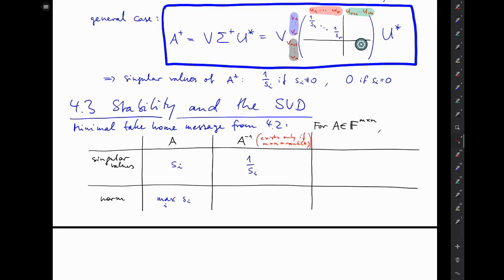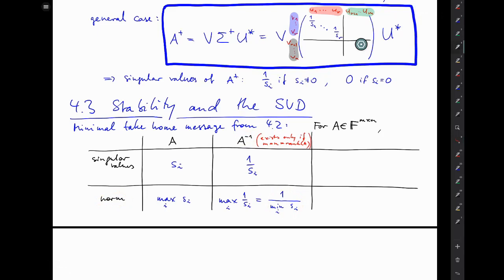And the norm of the inverse is just the maximum of the singular values, which are now these numbers. And sometimes it is helpful to express that as 1 divided by the minimum of the singular values. So in particular, we see that the norm of the inverse is just 1 over the smallest singular value.